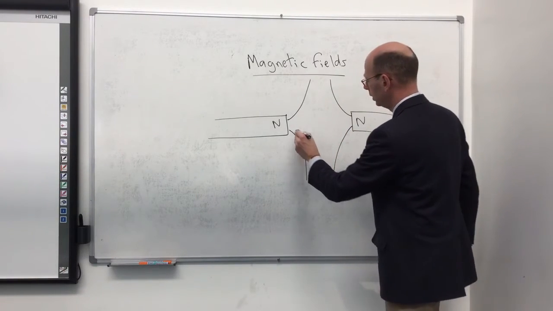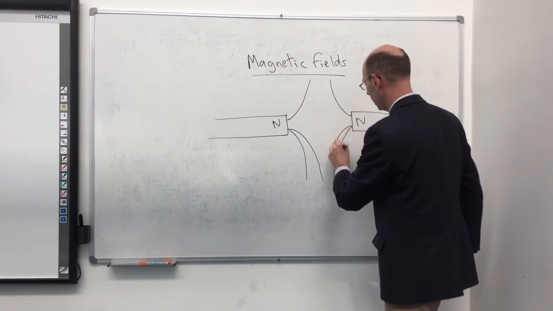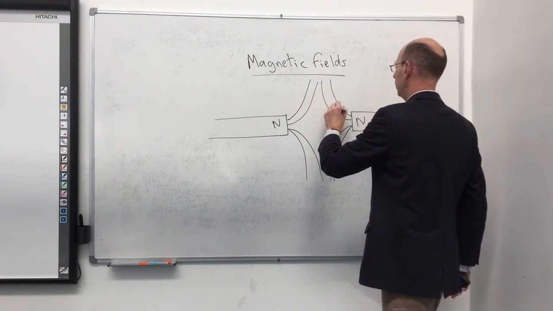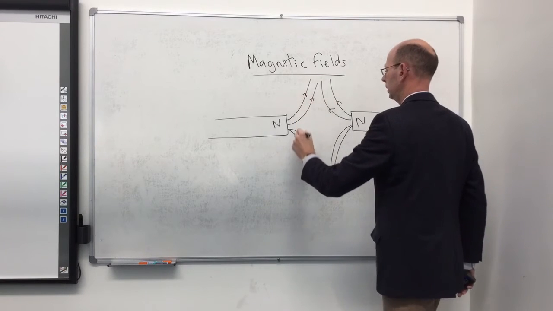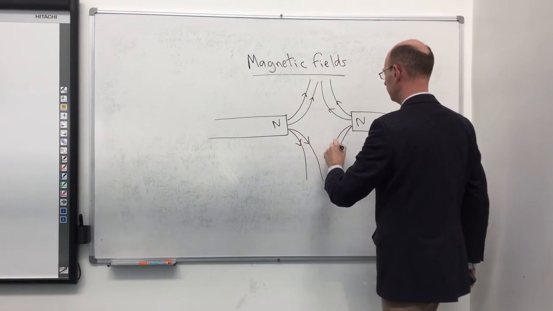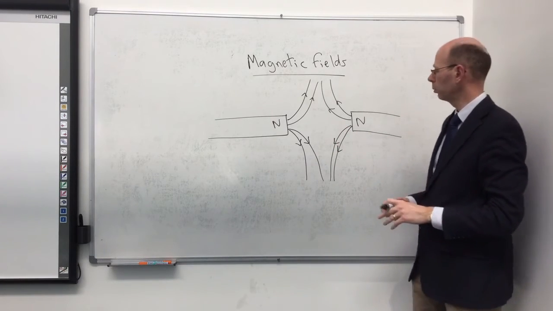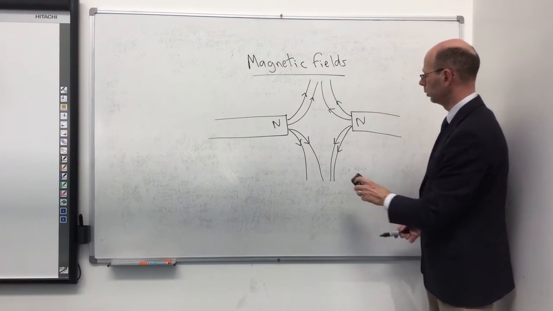In fact, we'll have a region in here where there's really no magnetic field at all. So the field lines are pushing themselves outwards like that, and as you can see, we're left with a region in the middle here with no magnetic field. So that's what would happen if I had a north next to a north.